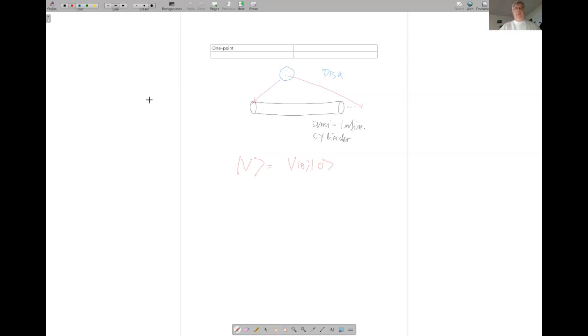An intuitive way of thinking about this is a semi-infinite cylinder with the point at the origin mapped out to infinity, representing a state which is asymptotic, which is either traveling in or traveling out of a process. Whereas the other end here represents where we end the time evolution. And then the state corresponding to the vertex operator is the vertex operator inserted at the origin.